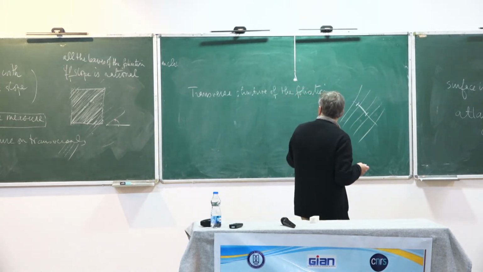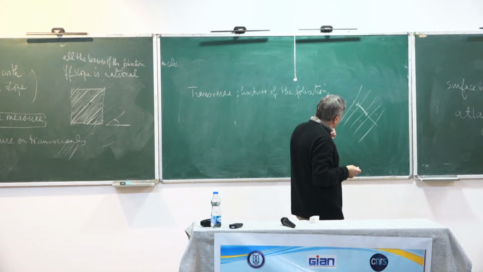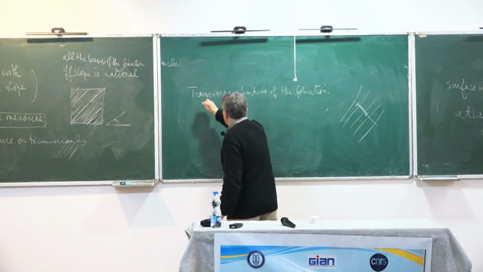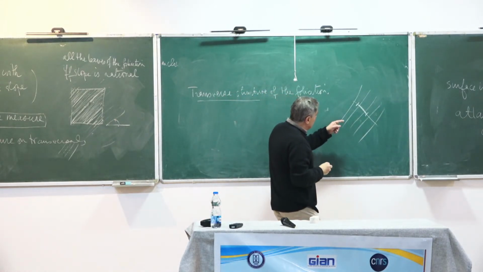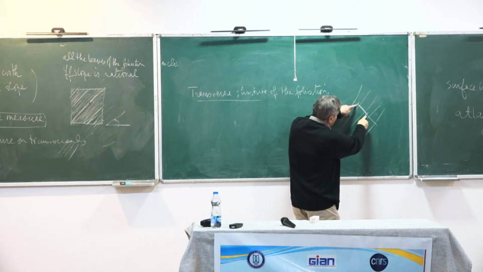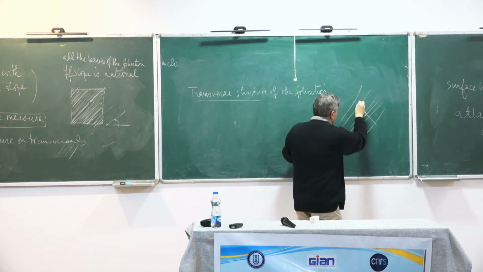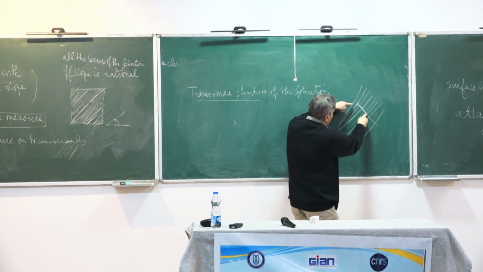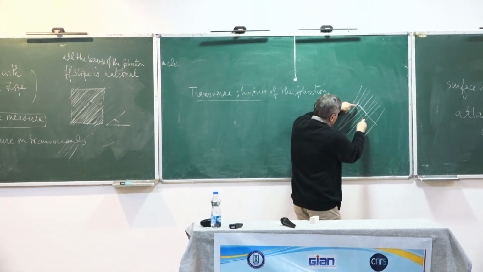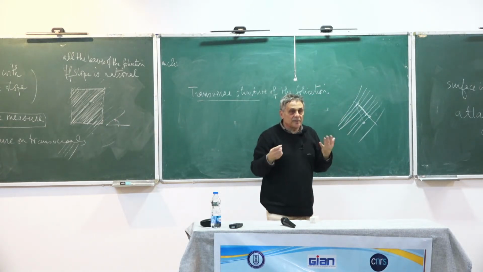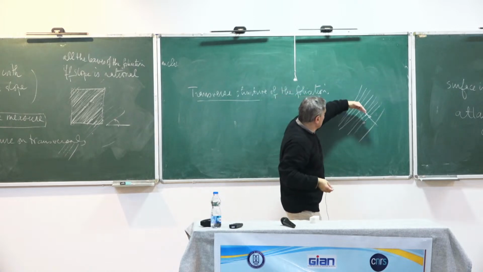So what is proper to this measure, so that it is a transverse structure? It means that if I move my arc, letting each point of the arc stay on the same leaf, then the measure is preserved.